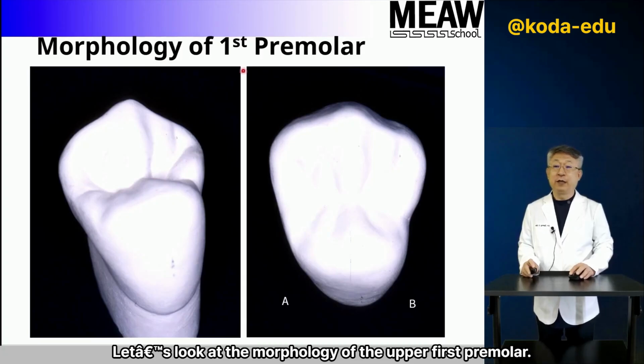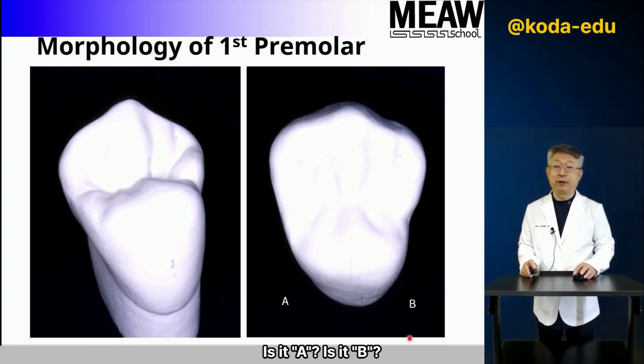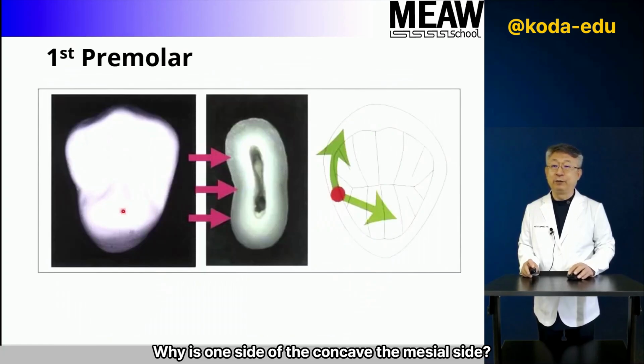Let's look at the morphology of the upper first premolar. A slightly concave side can be seen in the first premolar. Which side will be the mesial side? Is it A? Is it B? The side with the concavity is the mesial side, like in B. Why is that?